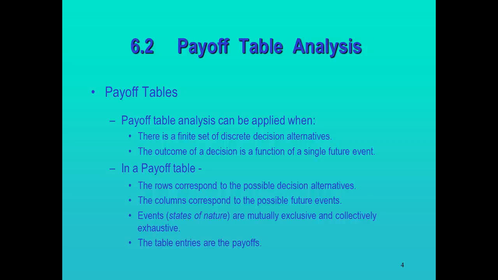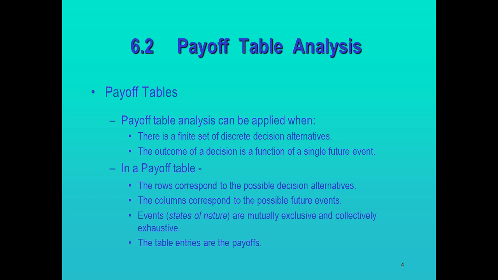And if we make a decision and this happens, we can estimate, hey, what's the payoff we're going to receive? And it's a two-dimensional spreadsheet or table, if you will, that's used to represent that situation. Here's our decision alternatives. Here are our future states of nature. And here is the payoff that we might realize.